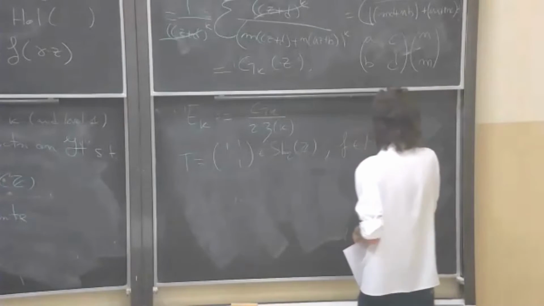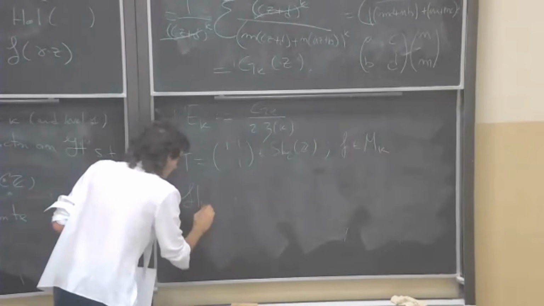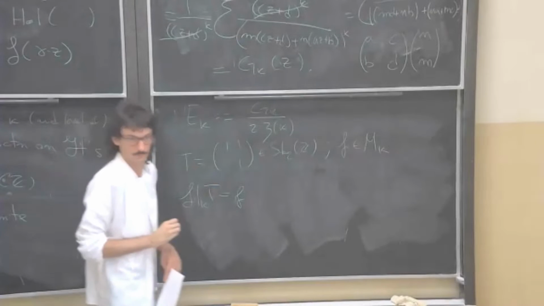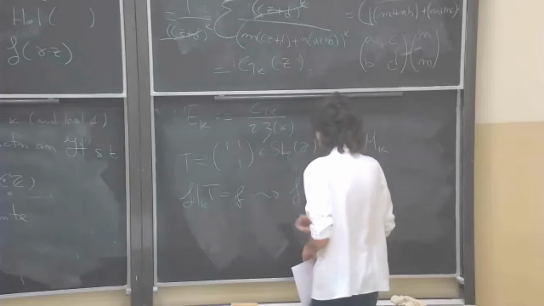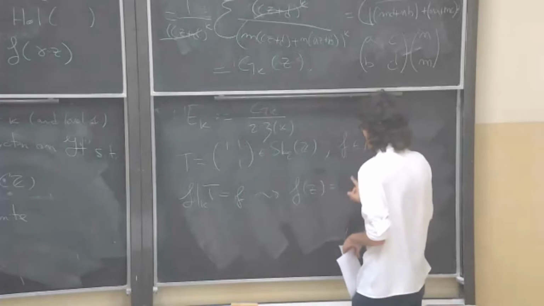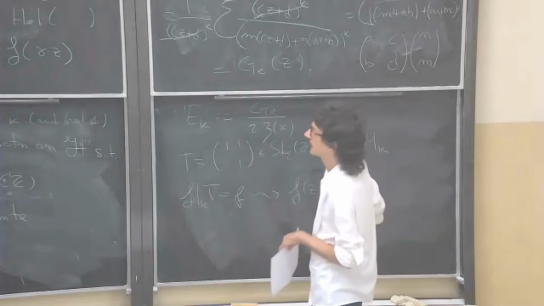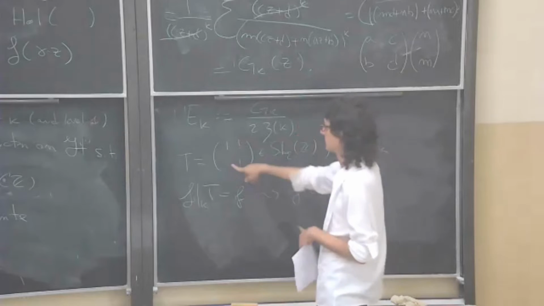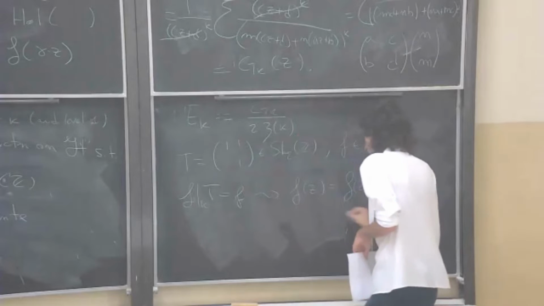And if we take a function f in M_k, then we have that f slash_k T is equal to f. In particular, we get that f of z is equal to determinant of T to the k minus 1, over (cz plus d) to the k, well, c is 0, d is 1, which is again 1, times f of T times z, which is f of z plus 1.